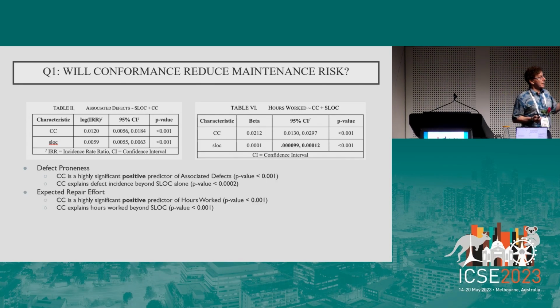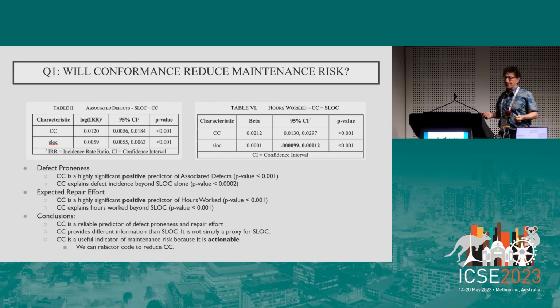And it also is strongly positively correlated with effort, right? So that's a good thing. That means that somehow, somewhere, this complexity measure is predicting what we want to know, that a higher number means a worse thing, and therefore we should pay attention to it.